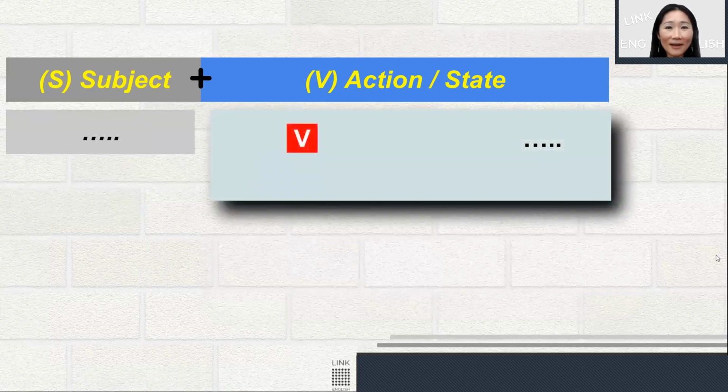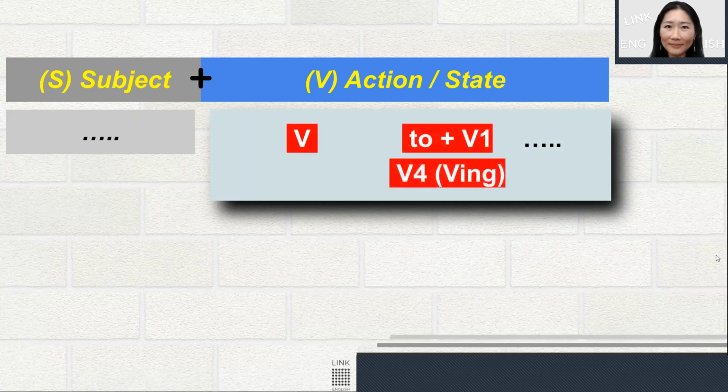Verbs of this type are tricky. Be careful about the second verb, to V1 or V4, offering very different meanings. To V1 means something next or in the future.